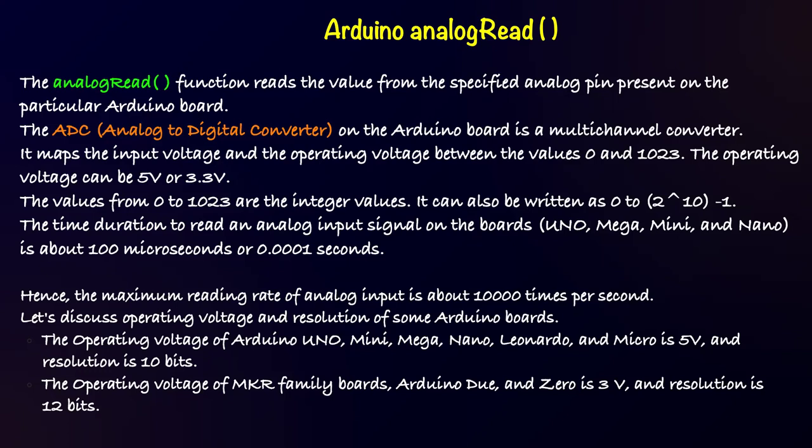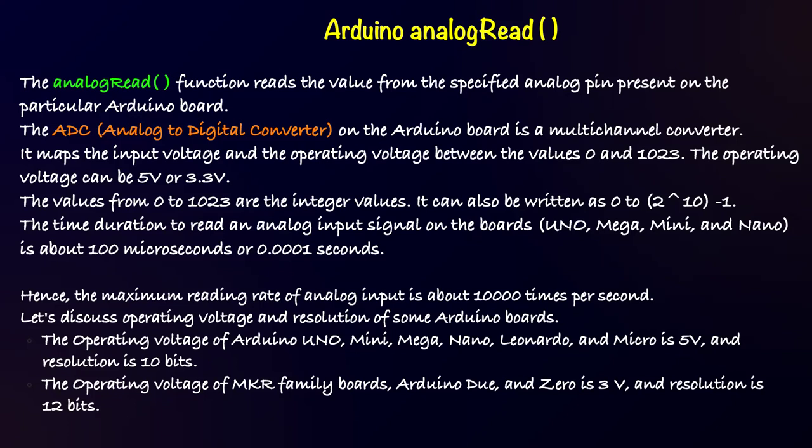It maps the input voltage and the operating voltage between the values 0 and 1023. The operating voltage can be 5 volt or 3.3 volts. The values from 0 to 1023 are integer values. It can also be written as 0 to 2 to the power 10 minus 1.